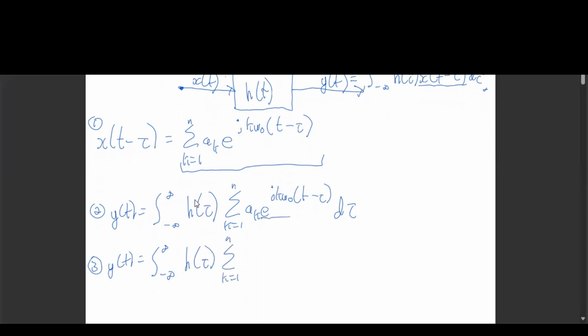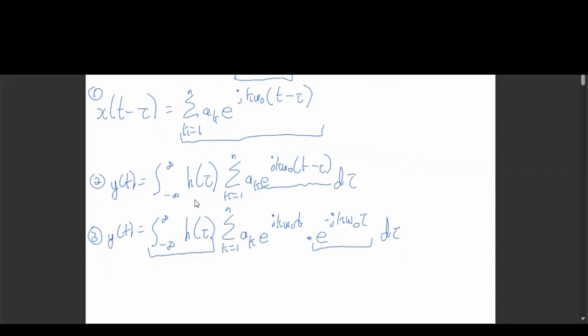We want to split this up to get two terms: a k e to the j k omega naught t, multiplied by e to the j k omega naught times minus tau. You could put the minus outside, and the tau here. So now we can clearly see we have this in terms of tau, and this piece here. We'll move the integral sign with it also.